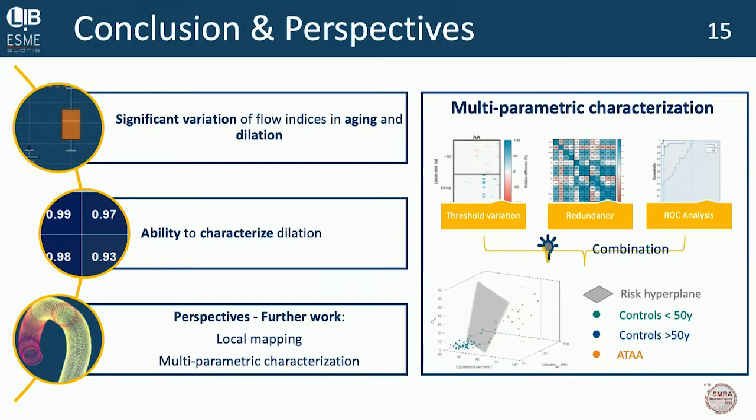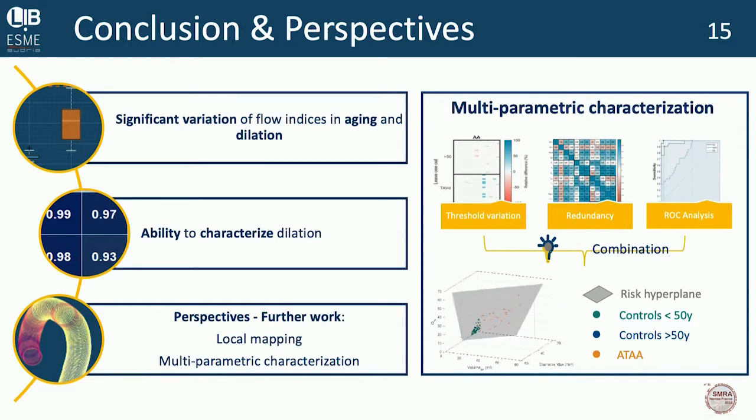The second part of this work is to do a multi-parametric characterization. For example, we computed and studied the threshold variation with a leave-one-out approach, as well as the redundancy of our parameters, in addition to our ROC analysis.